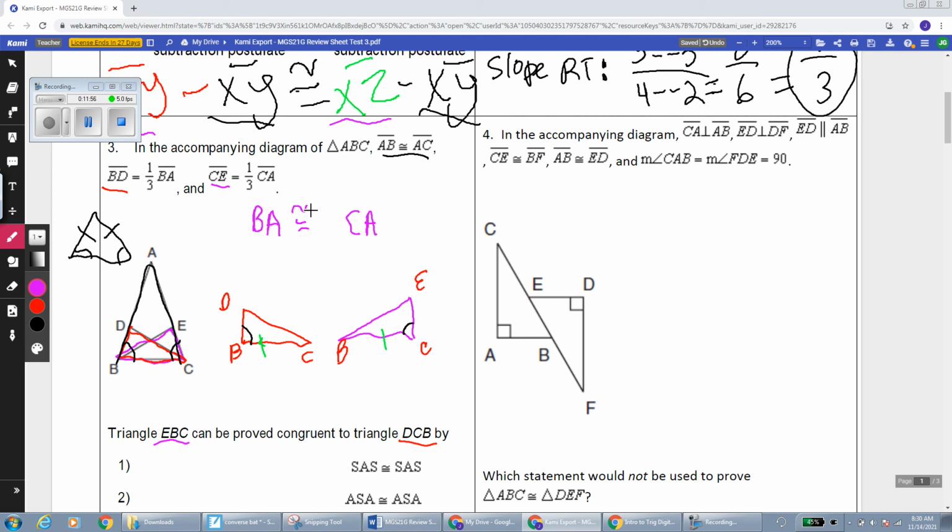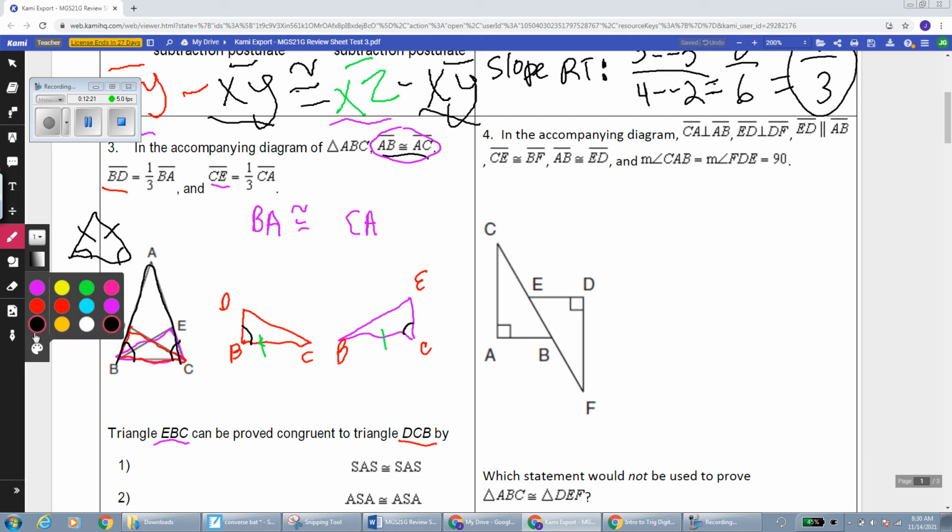And we know that because of our given information. I know it says AB here, but BA is the same thing. I know it says AC here, but CA is the same thing. It's the same two letters. So we're starting out knowing that AB and AC, or BA and CA, whatever you want to call them, are congruent to each other.